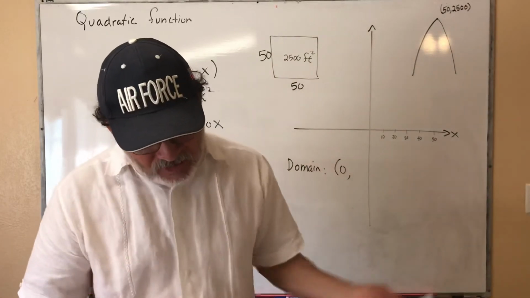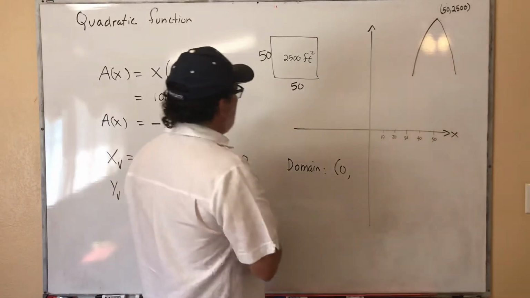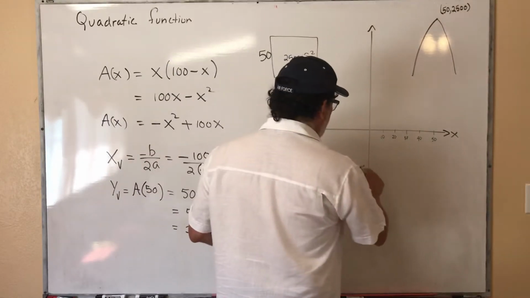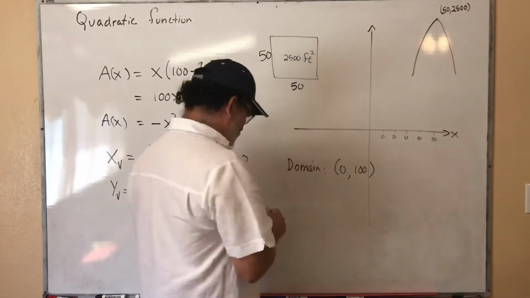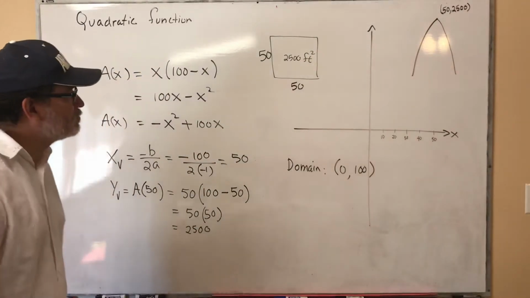So X could be 0 and up to 100, domain, okay?